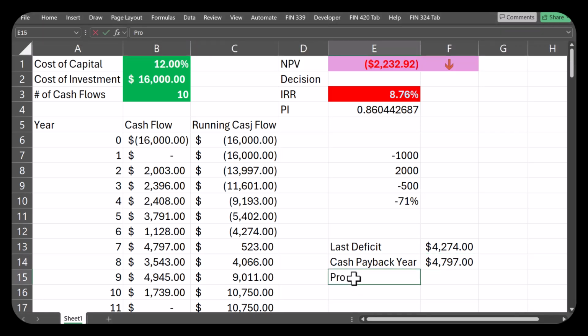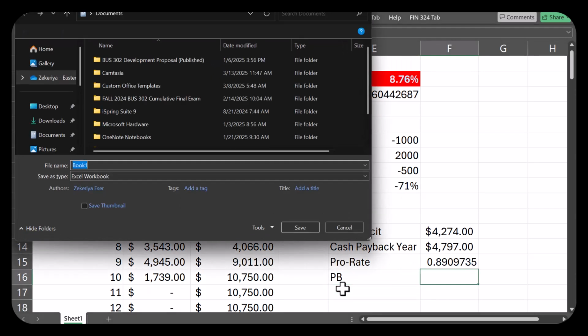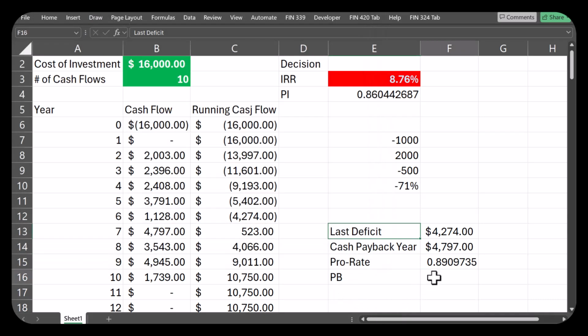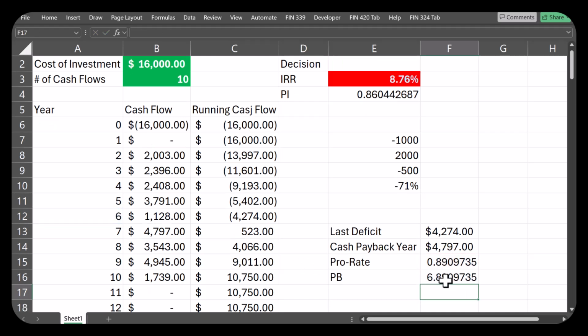Let's prorate that. What portion of the 7th year do I need to get that money? That means my payback period is year 6 plus that. So in this specific example, I get my money back in 6.9 years. That's my payback period.